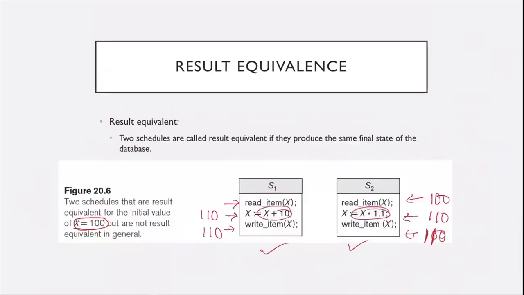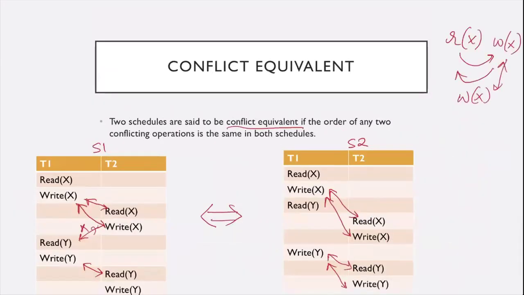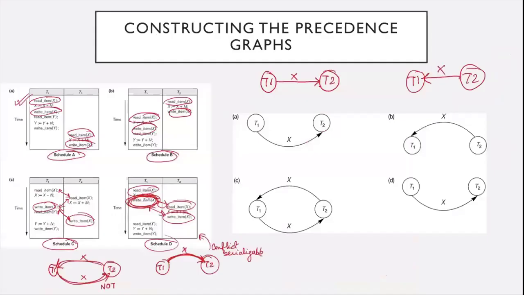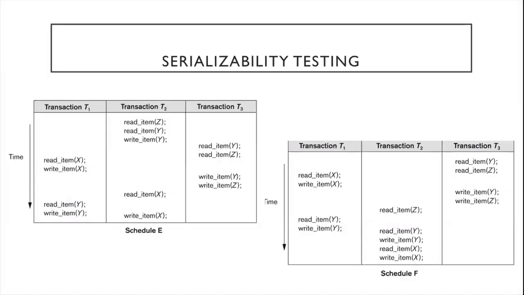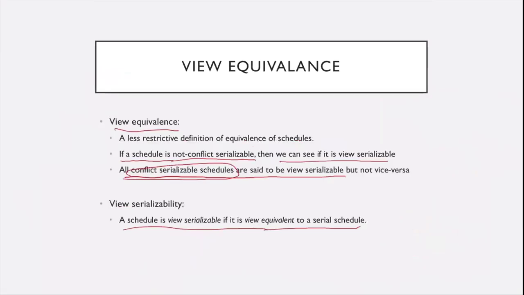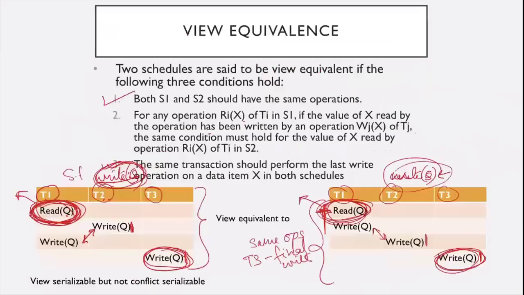Equivalence can be either result equivalence, which is not of much use, or conflict equivalence, that is, the order of the conflicting operations must be the same in both schedules. And the third is view equivalence. So it must be view equivalent to a serial schedule. So that is all about serializability.